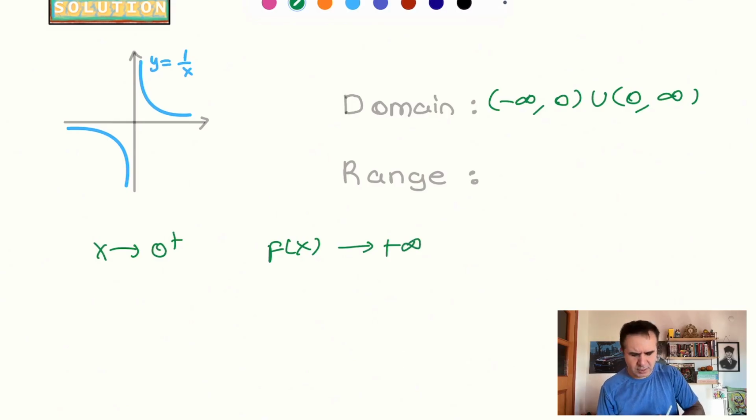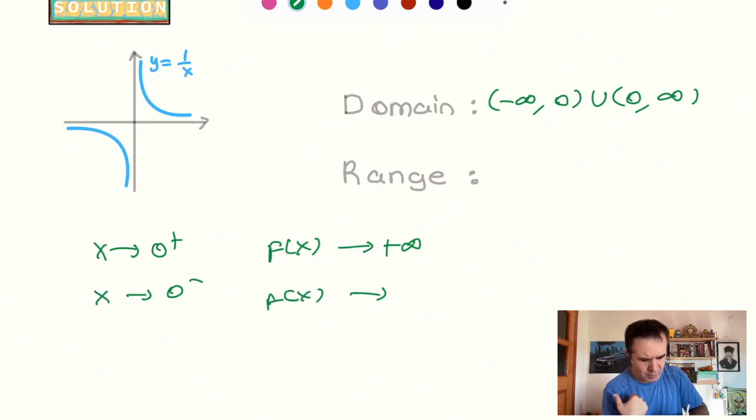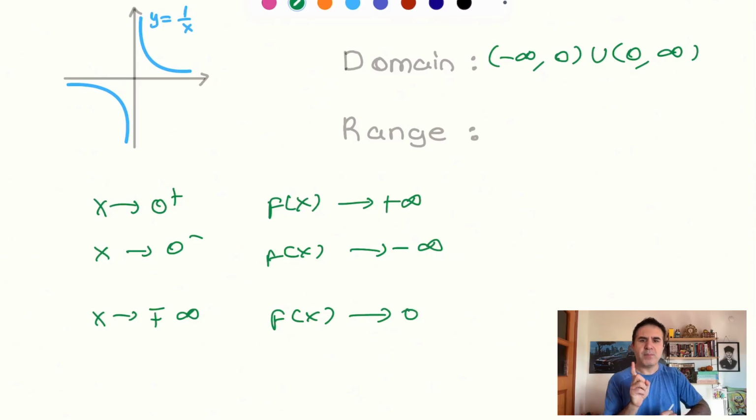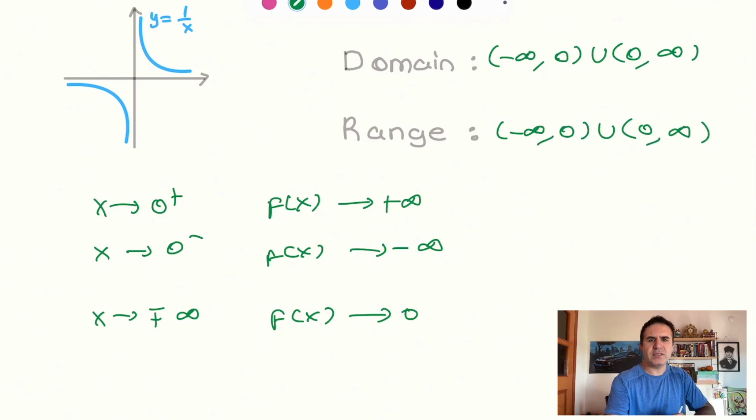And as x approaches 0 from the negative side, f of x goes to minus infinity. As x goes to plus or minus infinity, f of x goes to 0, but never actually reaches 0. Therefore, the range will be minus infinity to 0 and 0 to plus infinity.